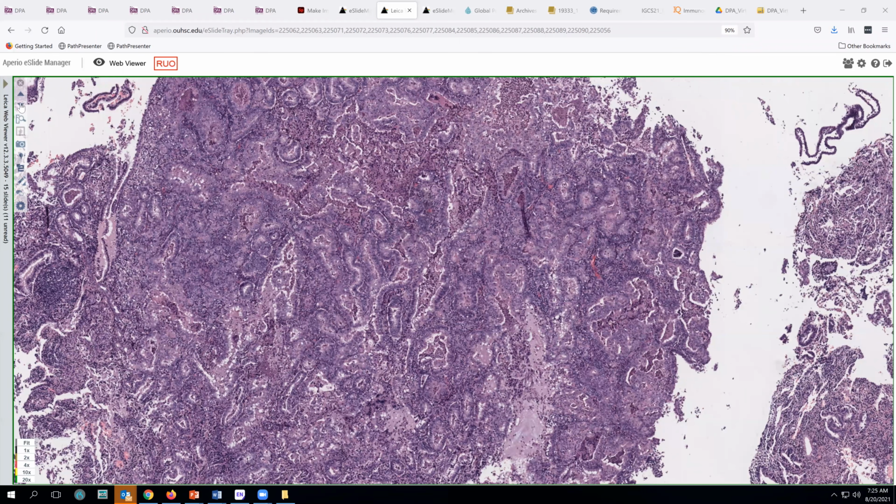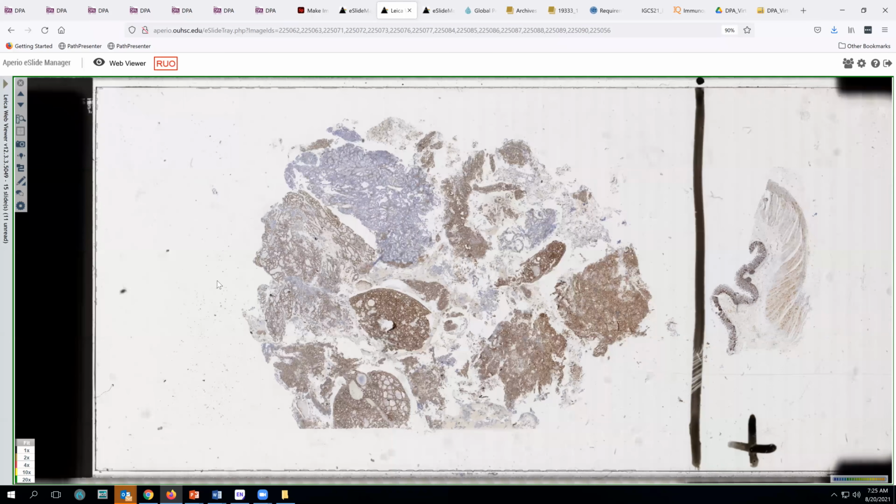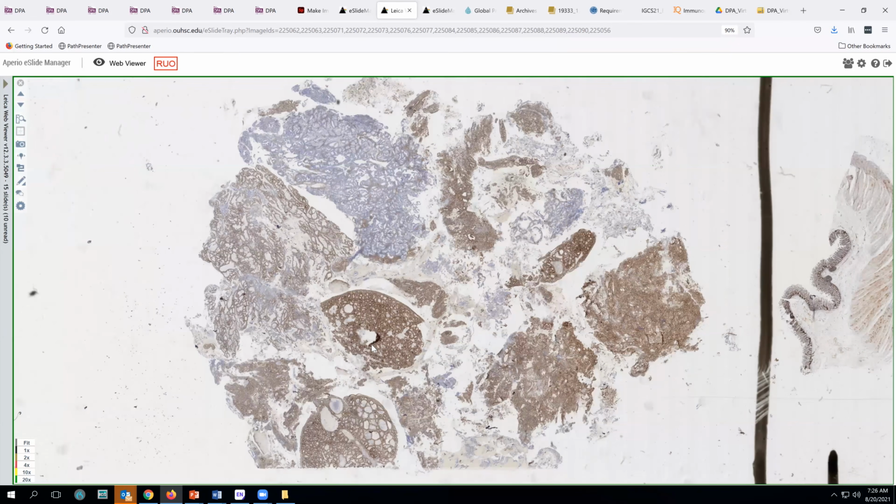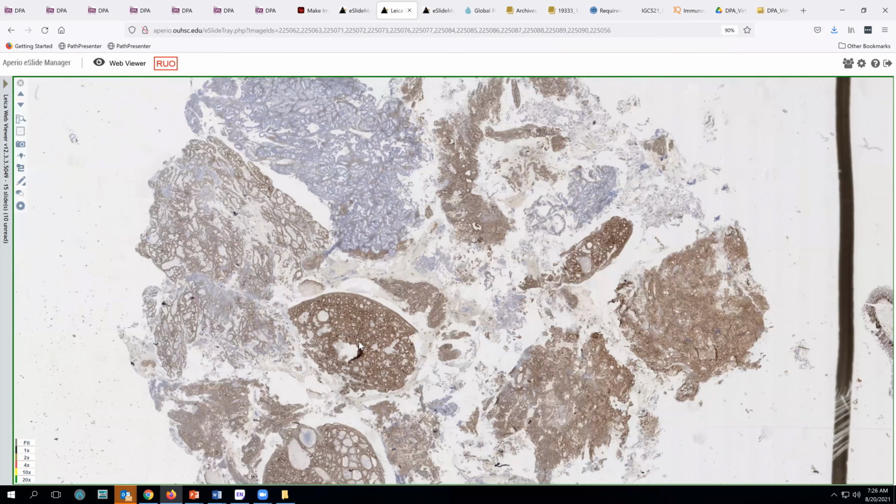I've included one of those stains here to illustrate one of the problems to be aware of. So this is, I believe, MLH1. And MLH1 and PMS2 are the most frequently lost markers.